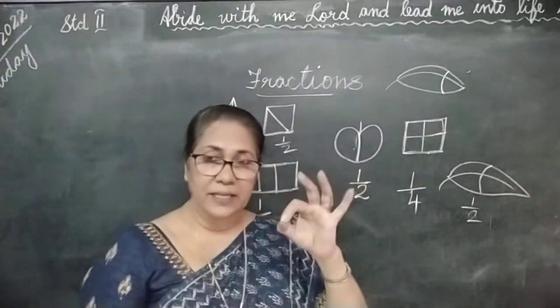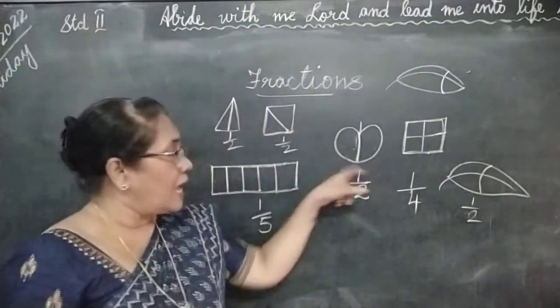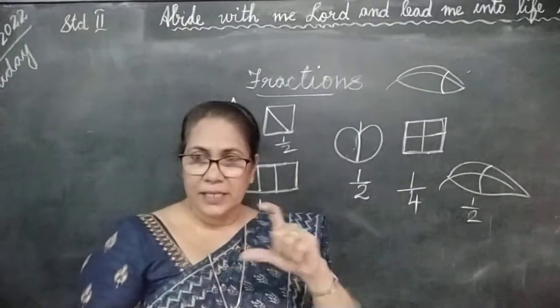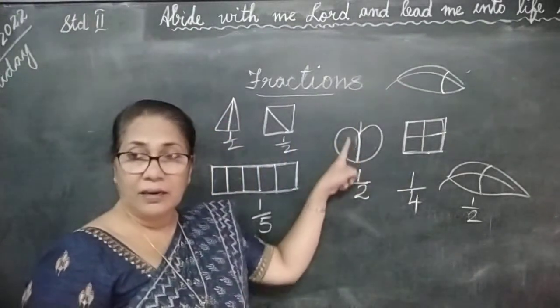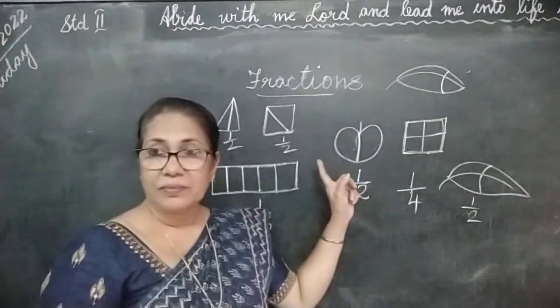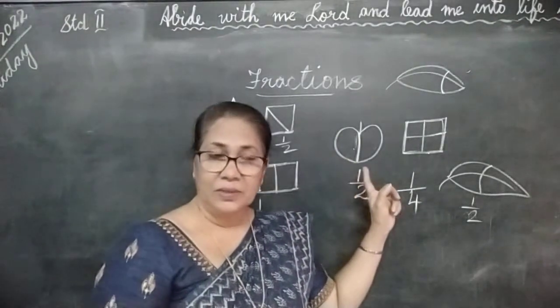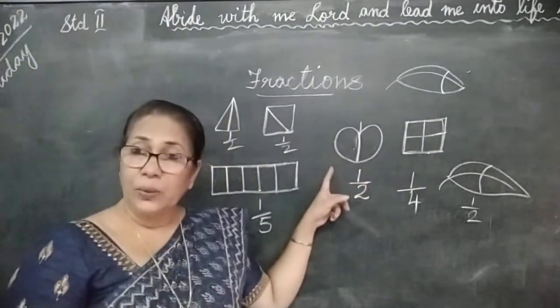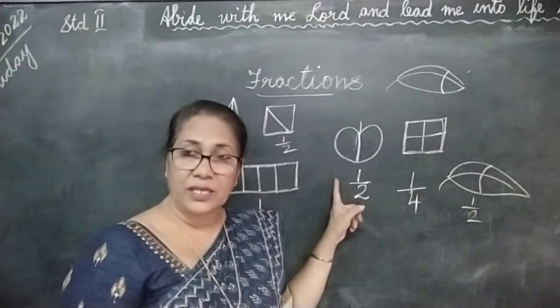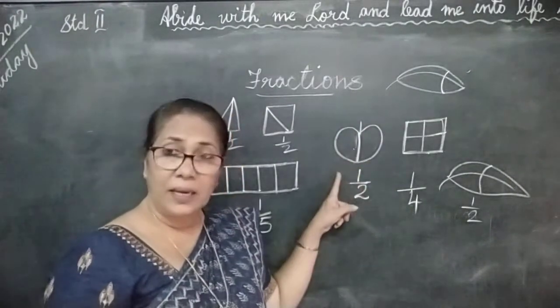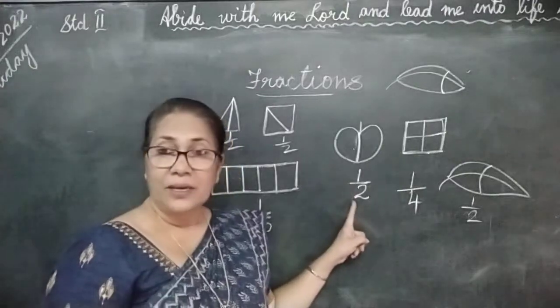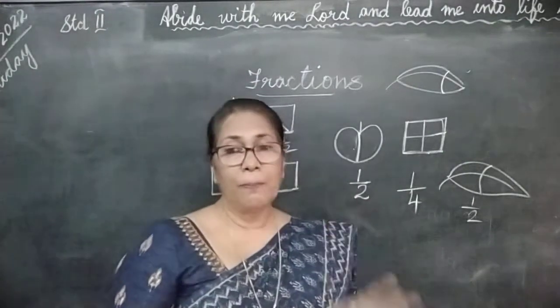One whole thing is, now this apple is one full apple, isn't it? Now when I put a line here, it became 2. Yes or no? So now when you write that as a fraction, you first write one apple, that is made into 2 parts.